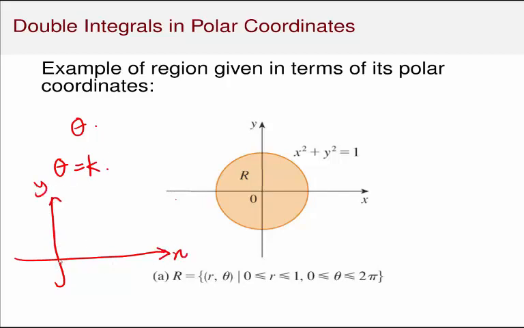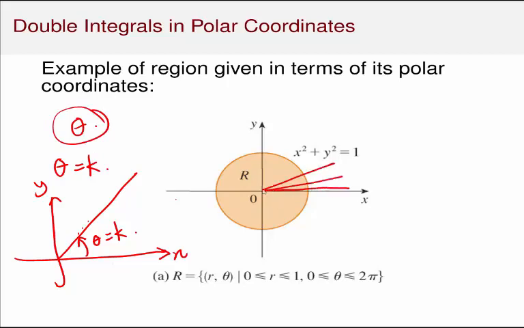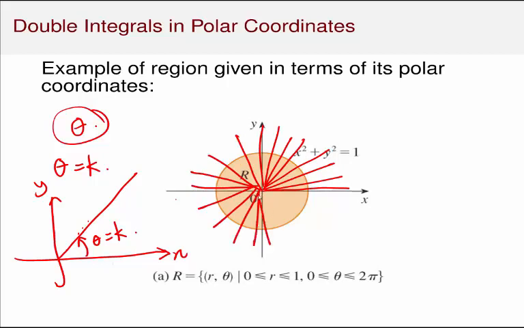You see, all the points on this ray will have the angle theta equal to that constant k. So in order to find the range for theta for this region R, we are looking at all the rays intersecting the region, and it seems that we need to take all possible angles so that these rays will intersect the entire region. Okay, and hence theta is in the interval from 0 to 2 pi.